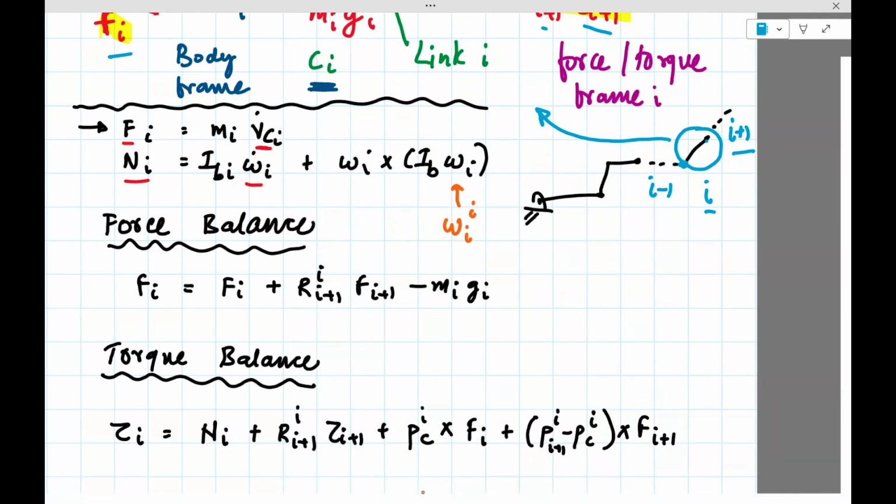If it were I with respect to 0, it would be in world frame. But because of the superscript and subscript clutter, I'm ignoring the superscript. That is true for all these variables. Everything here actually has an I, and so on.